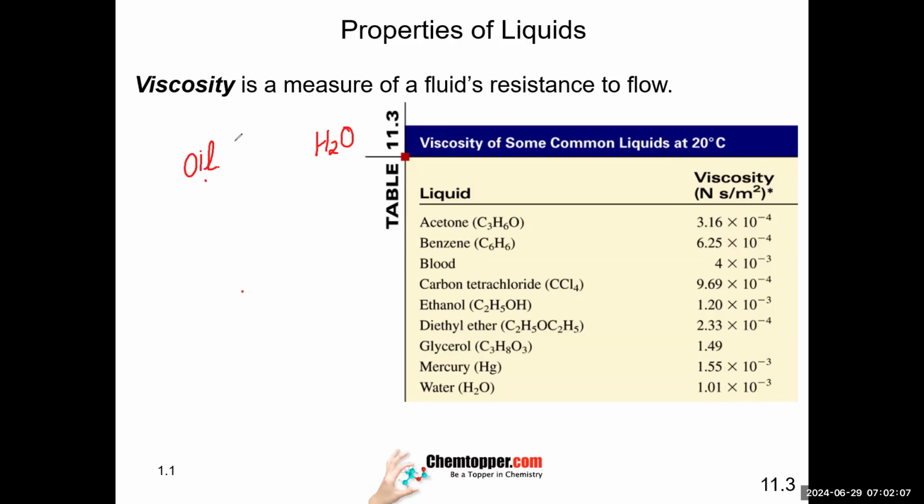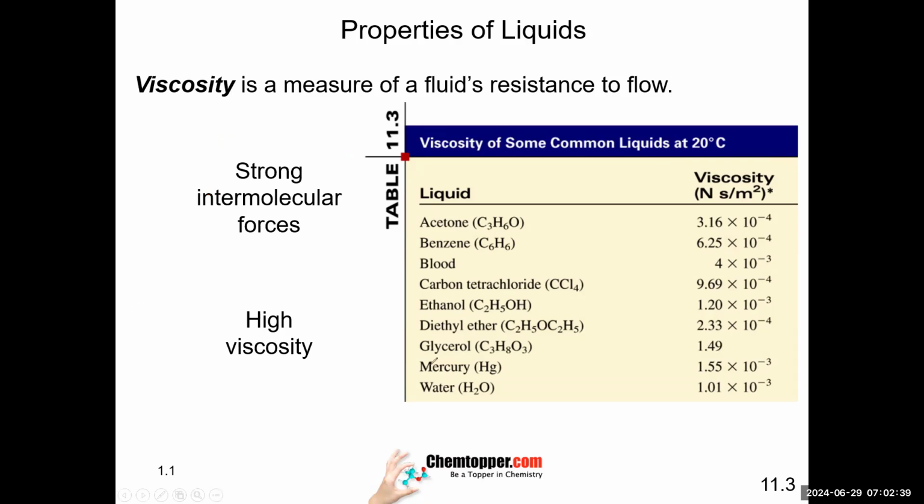So what is the reason that oil is less flowing than water? IMF. In oil, because of the big molar mass, oils have very big molar mass. Their molecules are big molecules. And due to higher IMF, molecules are holding each other. And because they are holding each other tightly, they have less tendency to flow. Okay. So viscosity depends on IMF.